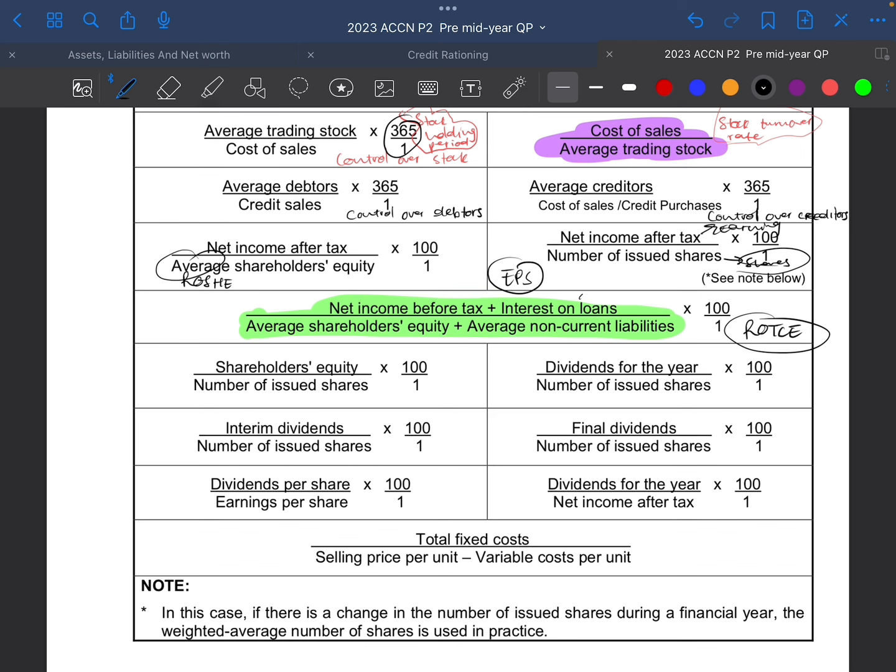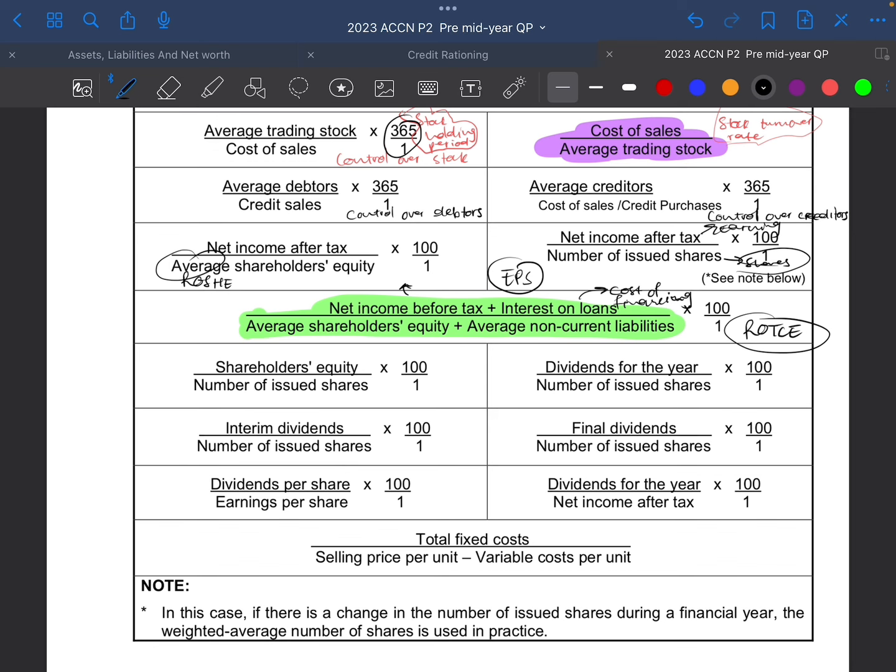Okay, so this is cost of financing, which is your interest on loan. I'll just explain bit by bit. So net income before tax, we don't want tax because tax just reduces what we have earned.